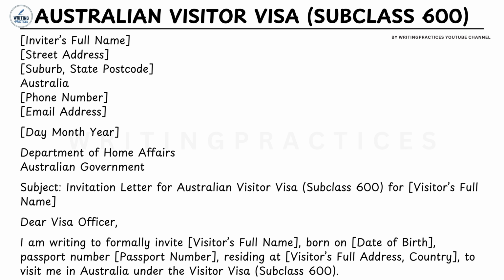This information is essential because it clearly identifies the visitor applying for the visa. It also helps immigration officers match this invitation letter with the applicant's official visa records. Double-check all details against the visitor's passport before submitting.